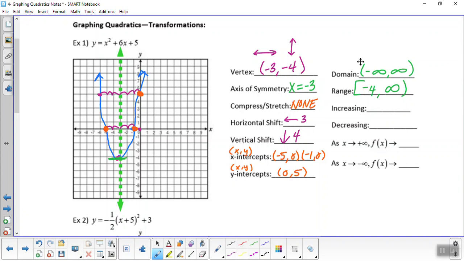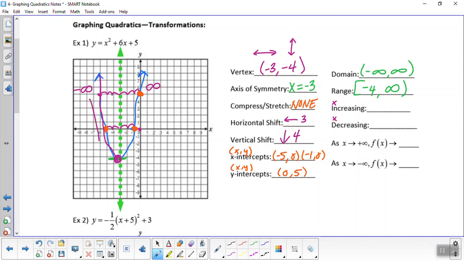Increasing and decreasing. Again, we only care about our x values. And the farthest left we said this is going to go is negative infinity. And the farthest right we said this is going to go, because of our domain, is positive infinity. So if we start on the left side of the graph, we're starting at negative infinity. And if I trace my graph, I'm going down until I get to my vertex point.